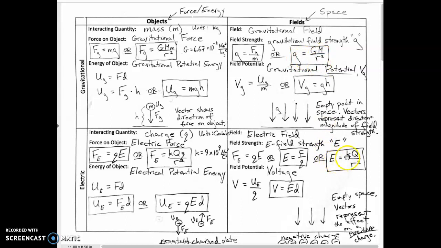Similarly, E equals kq over r squared. And then finally, potential. I told you gravitational potential is when you divide out the mass, so it's just g times h. Well, electric potential is the analog of that. It's the field strength times the distance. And so V, voltage, equals electric field strength times distance.